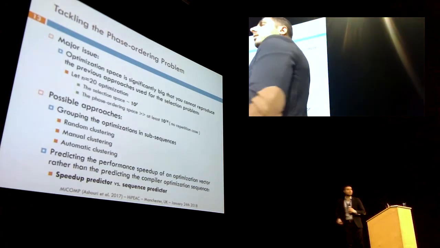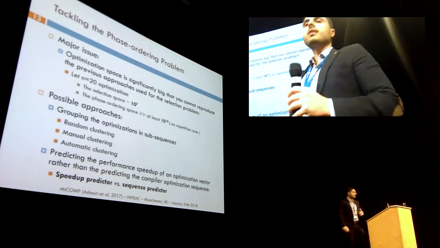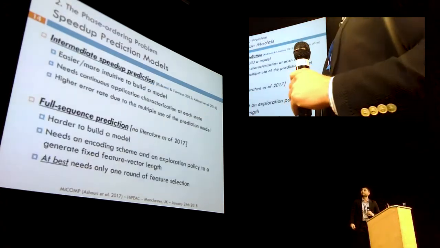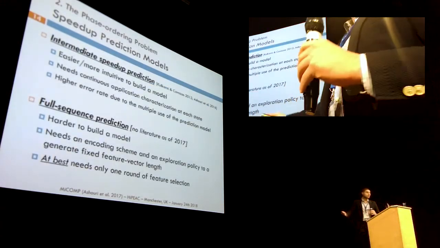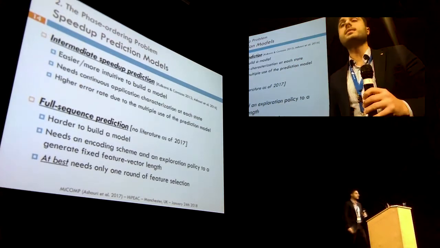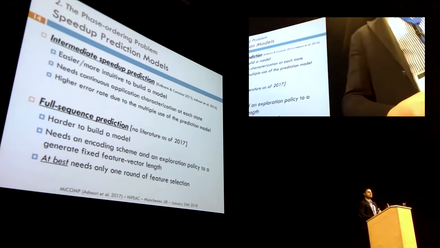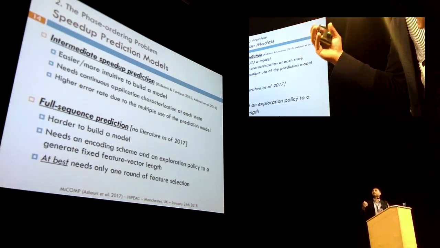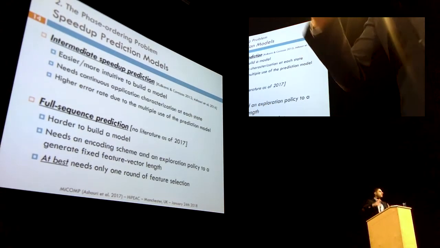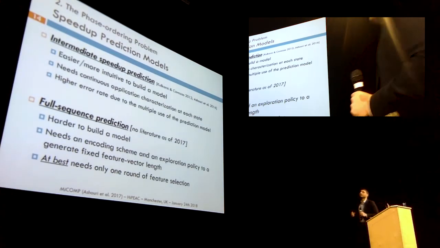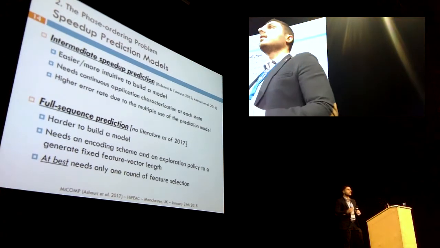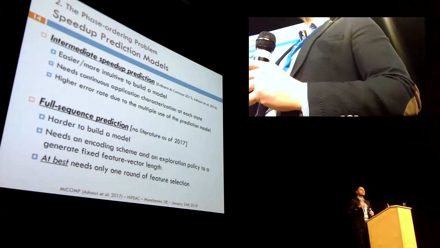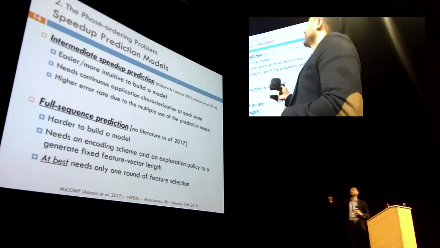So we based our methodology on a speed-up predictor. What we've seen in the field before was a couple of papers applying intermediate speed-up predictors. There was a subfield that predicts, based on each state of the code, the next best option to apply.